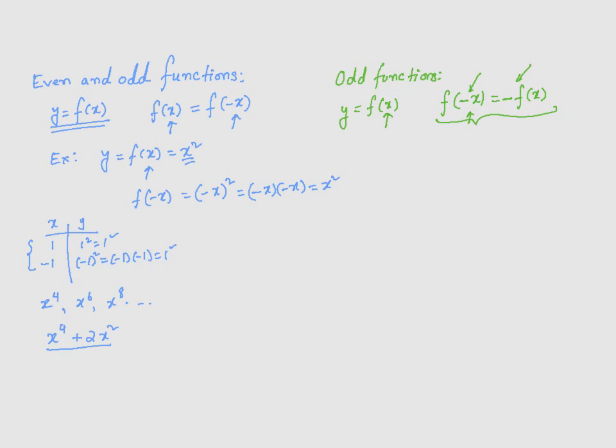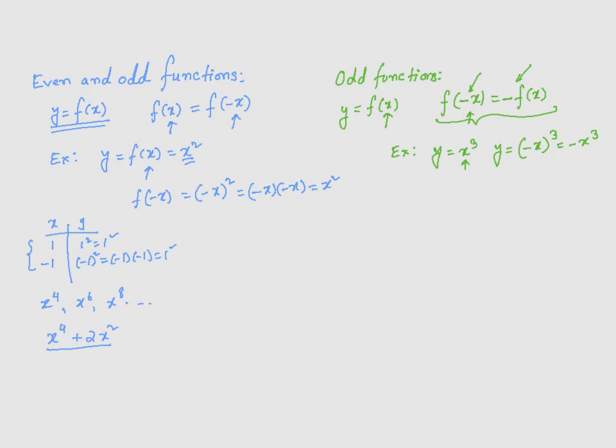So here is an example. y is equal to x cubed. If I take this function and replace x by negative x, I'm going to get y is equal to negative x whole cubed, which is negative x cubed.